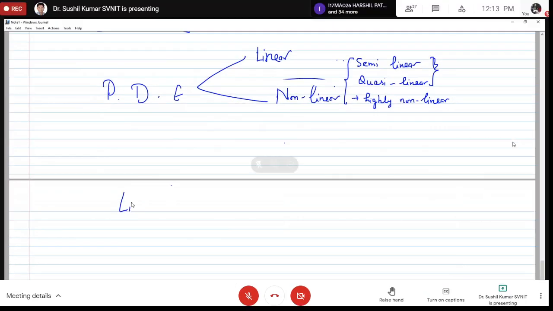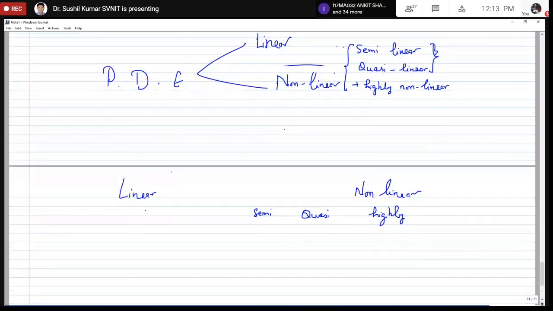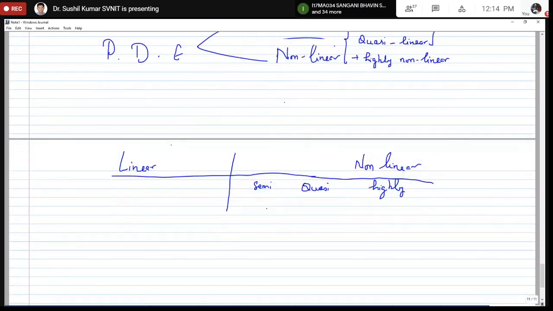So we have two categories, linear and non-linear. I'll tell you why I'm writing in this way: semi, quasi, and highly. Again, in non-linear, we have semi, quasi, and highly non-linear. Why am I writing this way?